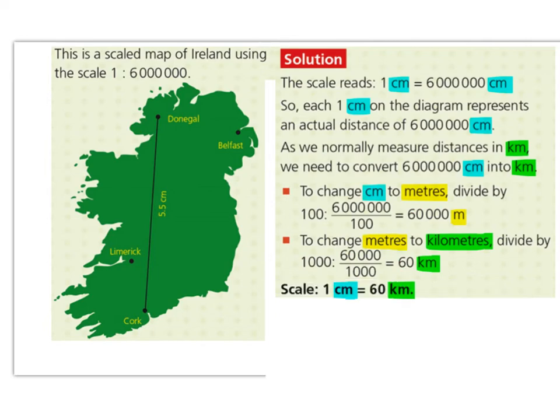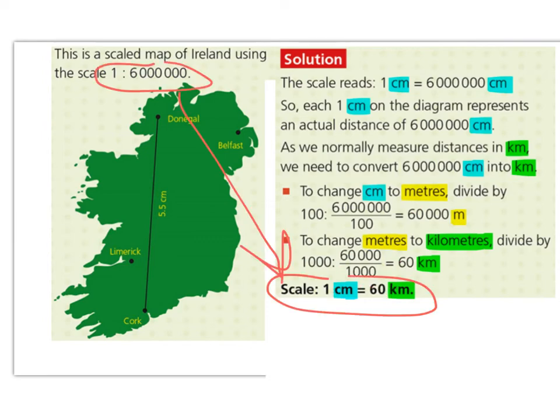So our scale can now be written as 1 centimetre equals 60 kilometres. So we're going to use this to work out part 1 and part 2. We will no longer use the original scale given. But 1 to 6 million actually means 1 centimetre equals 60 kilometres. They mean the exact same thing. But it's just that it's easier for us to work with kilometres than to work with millions of centimetres.